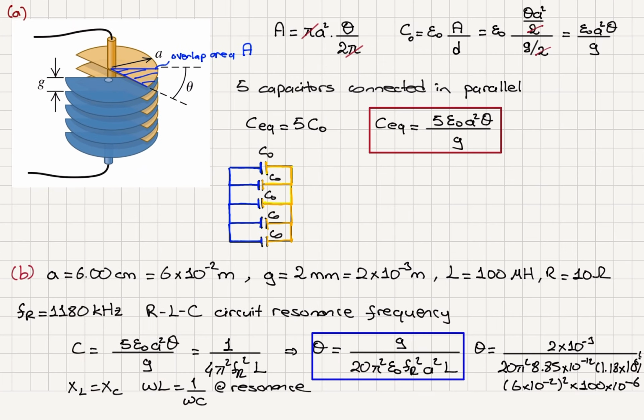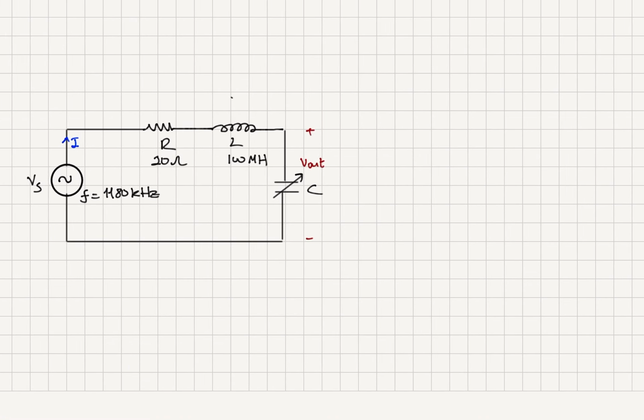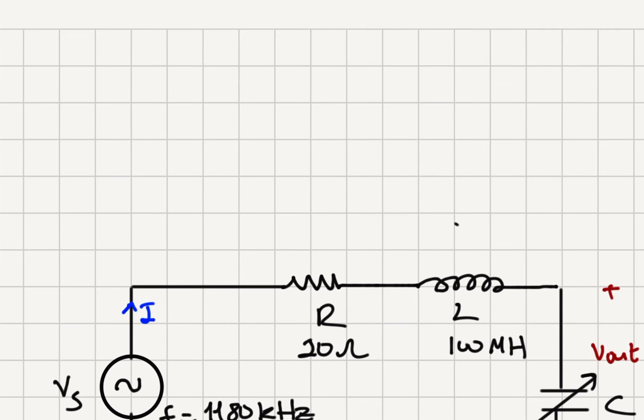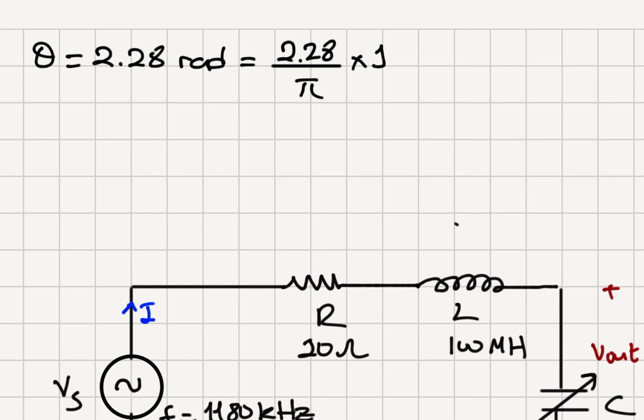So I want this angle to come out in degrees. So let's see, theta comes out in radians, 2.28 radians. So in order to convert to degrees here, I have to divide it by pi radians, 2.28 divided by pi, and multiplied by 180.